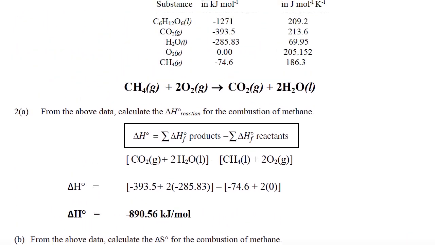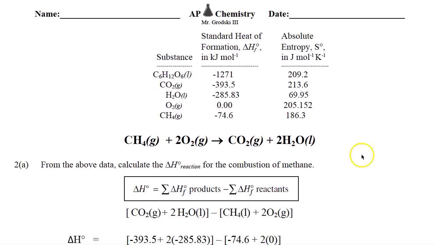But let's talk about this for a second. You should be able to look at this and possibly see why. Now we have CH4 gas, and there are 3 gases. You notice we make a gas and a liquid. Whoa, look at that. We have 3 gases producing a gas and 2 liquids.